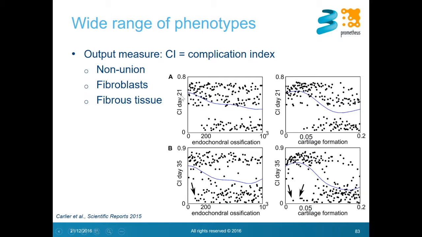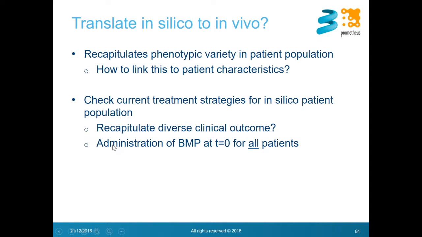Then if you wait a bit longer, if you go from 3 weeks to 5 weeks, you see that some of these dots will be dropping down and where there is still a non-union here, they will form a union, and so their complexity index will drop. But even if you wait longer, for very low values of endochondral ossification, you never get good healing. The same as for very low values of cartilage formation, you never get good healing.